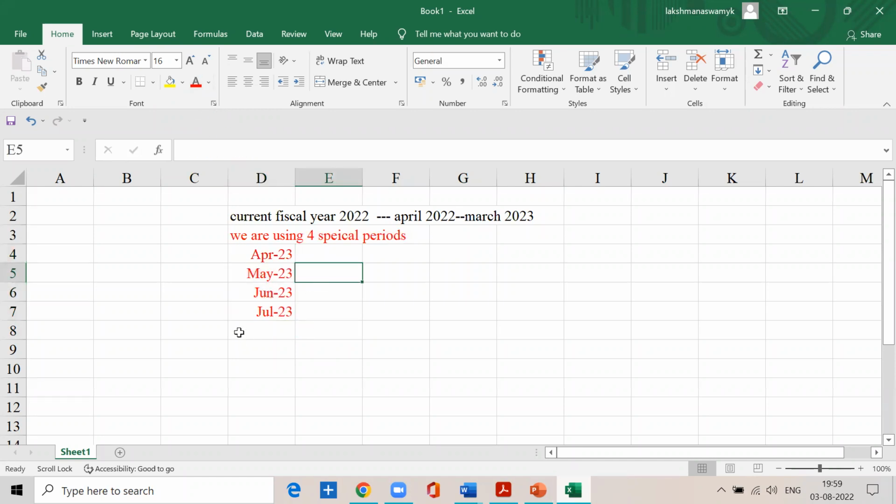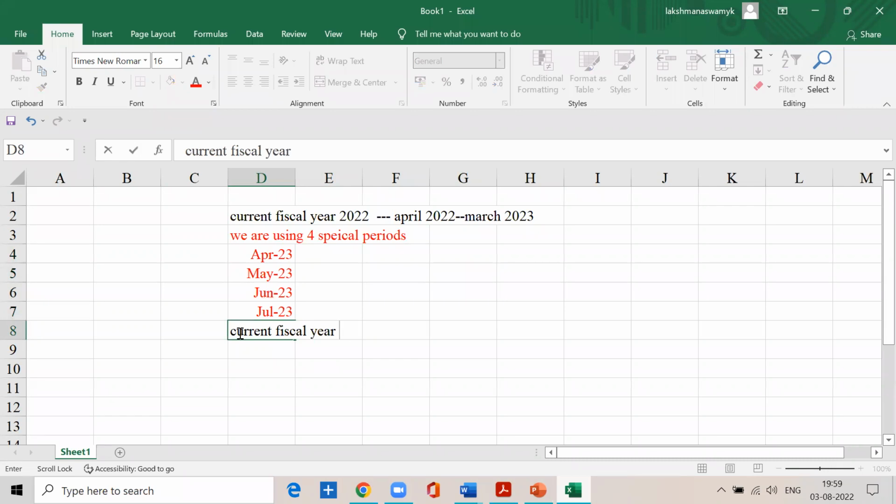Okay. Now, try to understand the scenario clearly. Current fiscal year 2022 is over. Then the next fiscal year 2023 starts.